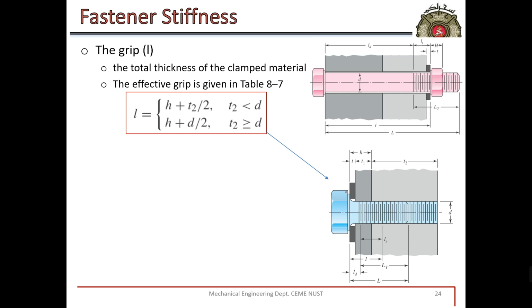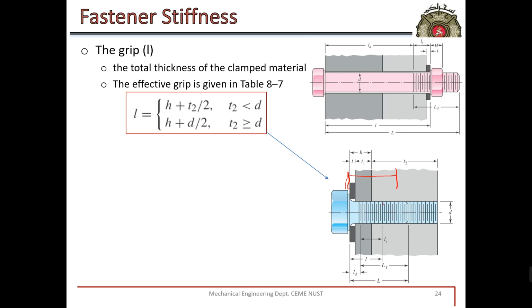What is lead? In this case, lead is the equivalent distance calculated from this empirical formula. Actually, physically the lead is the distance from the bottom of the head to the nut. This total distance is lead.